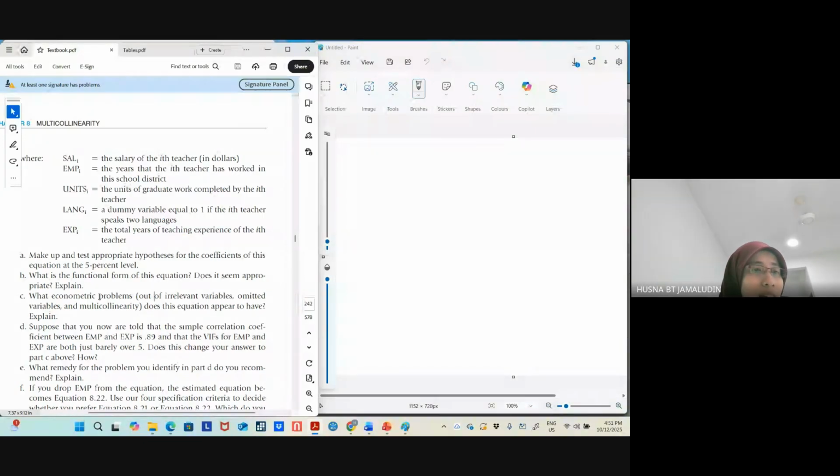Of course, when they ask you about econometric problem, you have to figure out, is there any omitted relevant variable? Of course, there will be omitted. So you have to figure out, what other variable can affect the change in salary that you have omitted from this equation? Anything else that can affect teacher salary? If you still remember, we learned about private school, government school.